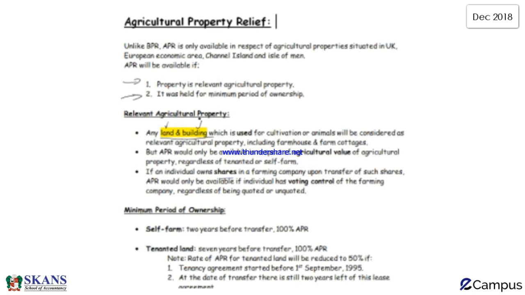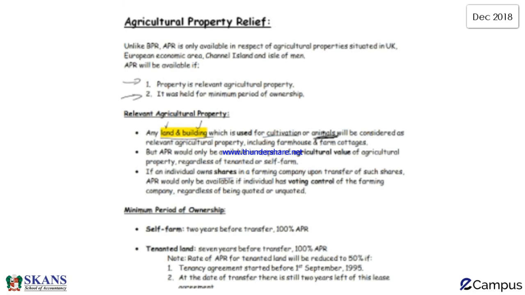But there are many lands and buildings, which of them should be considered as agricultural? Those land and buildings which are used for either cultivation or your animals. But make sure not your agricultural produce, not your animals.